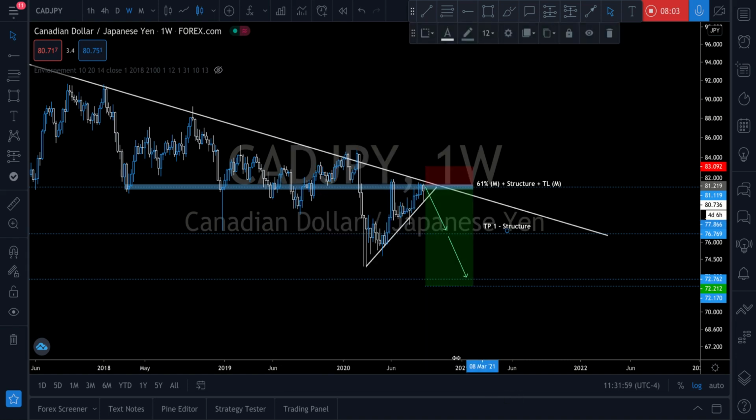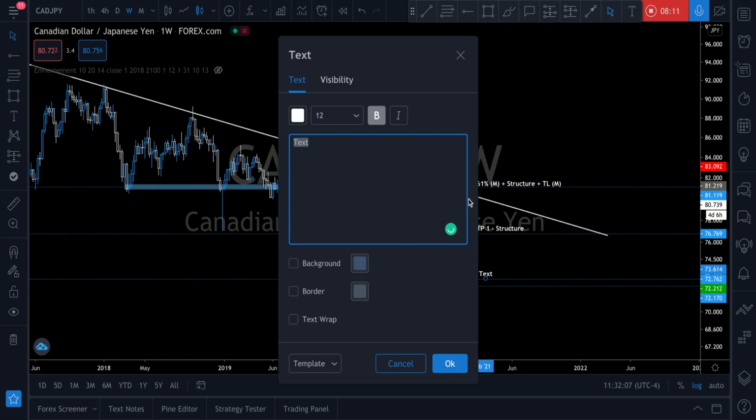Just monitor this area because it could be a potential area of resistance, so it could act as support for us. And then TP2 is just going to be a major structural zone.